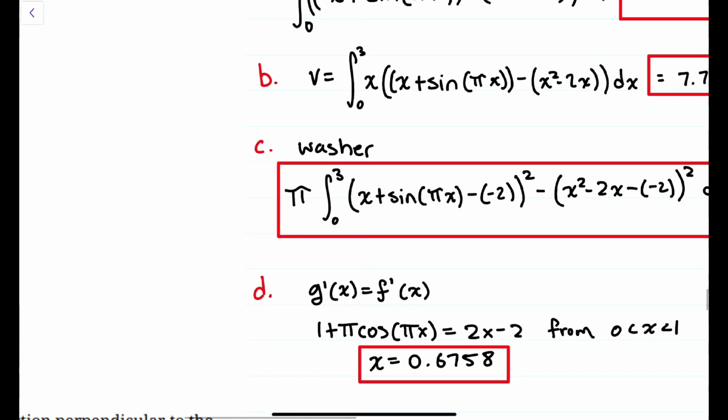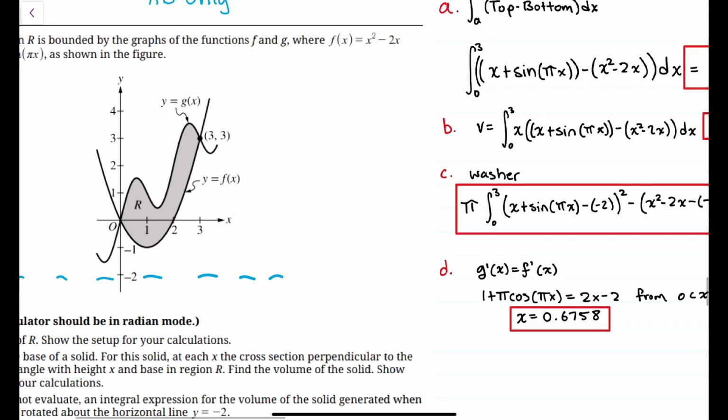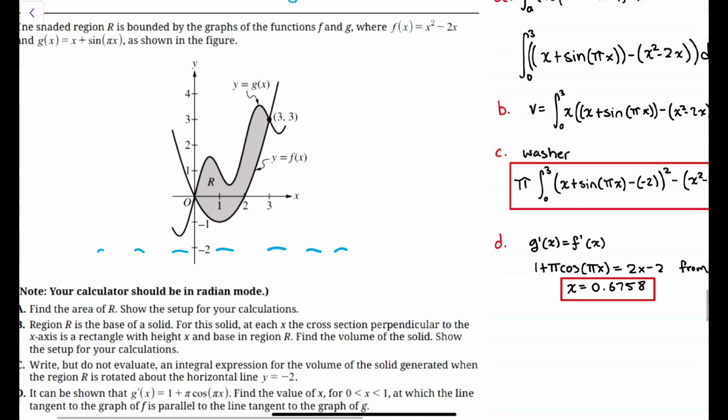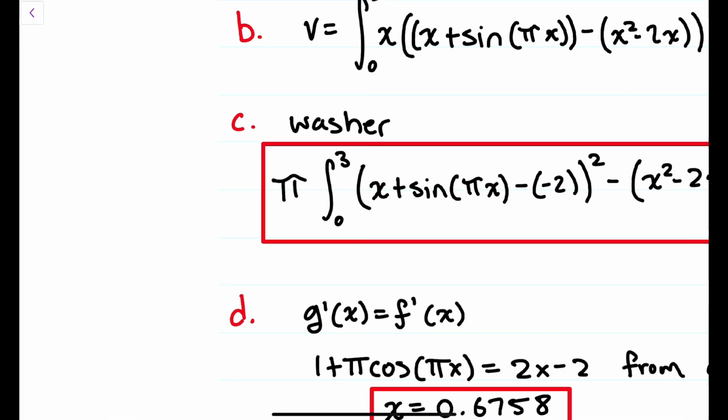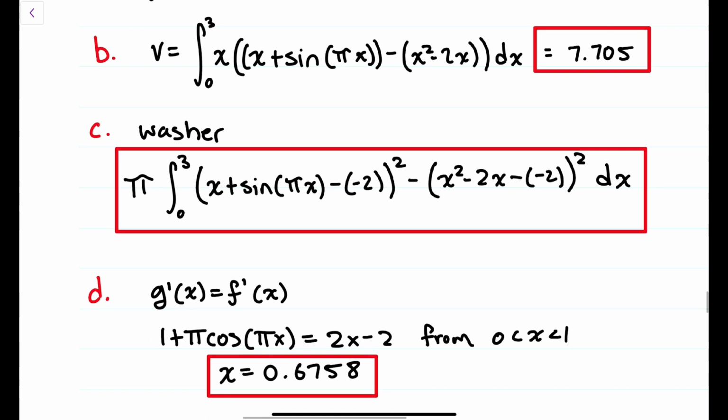So it's pi times the integral from 0 to 3 of, first we'll do the top one, which is g of x, which is x plus sine pi x, minus -2, the horizontal line, and then we square that, and then we do minus f of x minus -2, and then we square that, and then we integrate that from 0 to 3. We don't have to evaluate, just set up the integral.